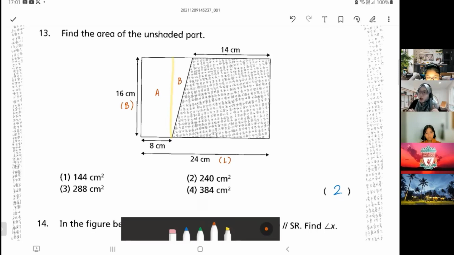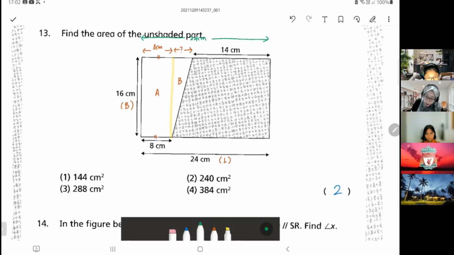But the thing is, do I know all the sides? Not yet. I know that this is 8 centimeters, which means this and this are the same. Here is also 8 cm. Label what I know first. Now, what is this small part here? Look at the total. The total is 24 centimeters, which means the whole thing here is 24 cm.